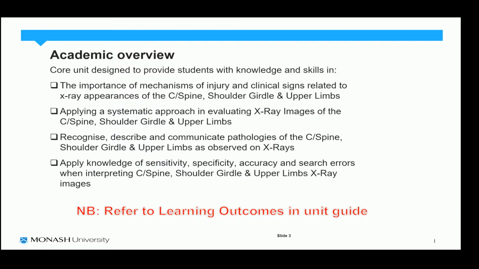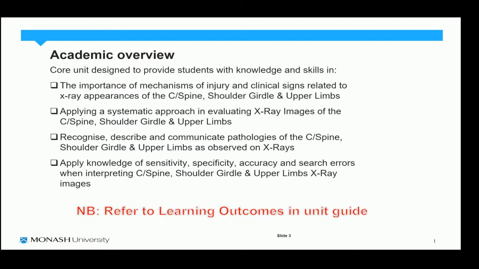This is an overview of the academic expectations and what you should be able to achieve within this unit. It's important that you be aware of the mechanisms of injury and the clinical signs as it is related to X-ray appearances of the cervical spine, the shoulder, and the upper limbs.